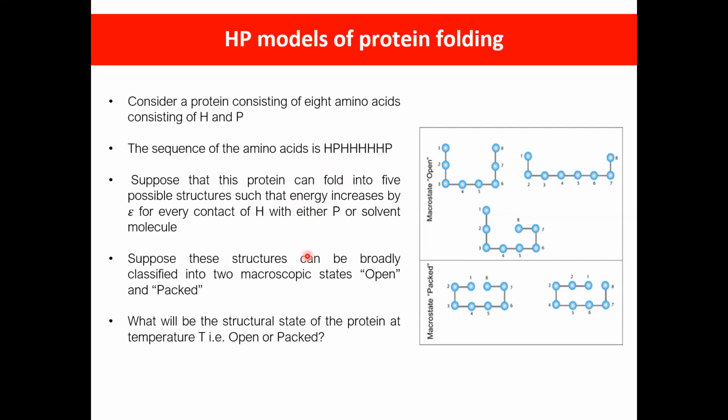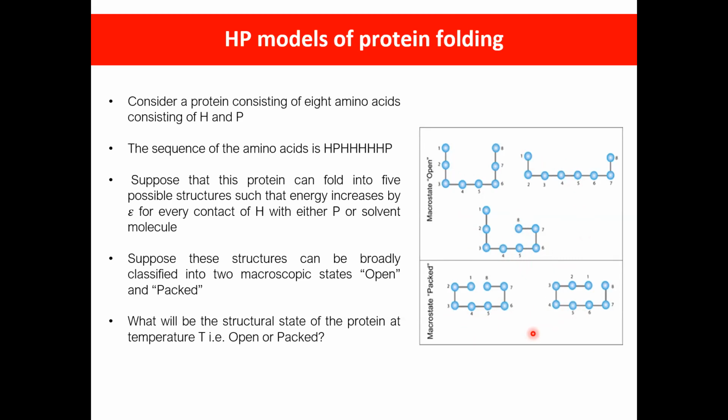And it is given that these structures can be broadly classified into two macroscopic states, open and packed. I said that these are the 5 possible structures. Since the first ones look much more open, I am calling this macroscopic state open, because the protein looks much more open, and the last two are classified as packed because everything is squeezed into 2 layers.